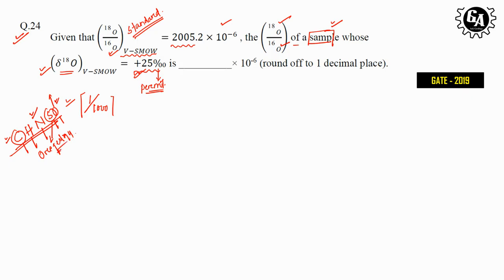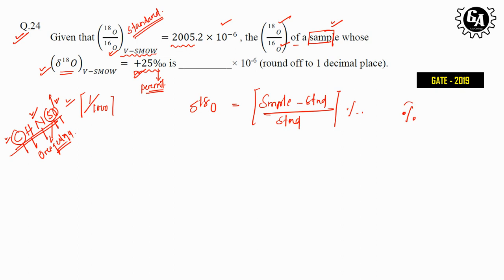For this question we have a very simple formula: delta 18O is equal to the sample minus the standard, divided by the standard value, expressed in per mil.